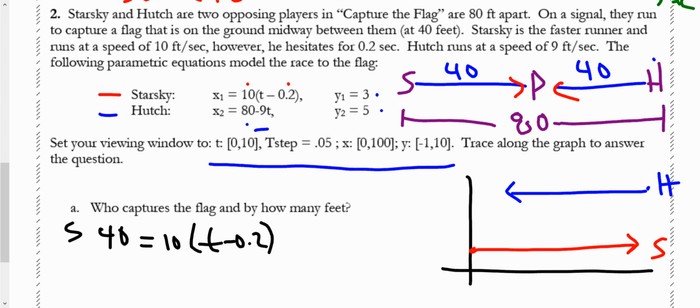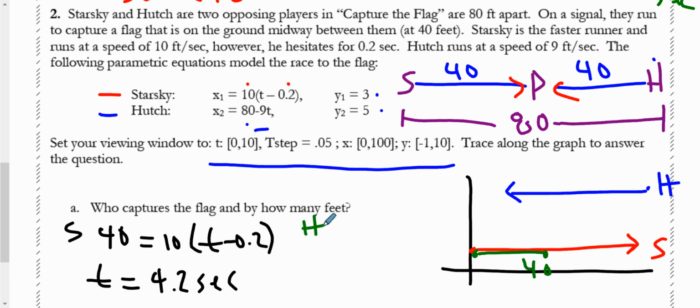And what I end up getting when I solve that, I get t is equal to 4.2 seconds. In other words, it takes Starsky 4.2 seconds to make it 40 feet. Okay, so here's Starsky, starts here, and after 4.2 seconds, boom, there's 40 feet. All right, so I'll just put a 40 right there. Okay, so now let's take a look at what Hutch is doing.